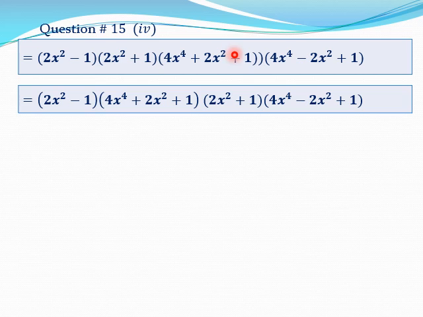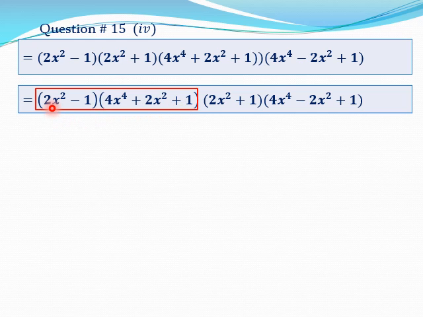A factor like 2x square minus 1 always combines with a factor which has both signs positive. So 2x square minus 1, we combine with 4x^4 plus 2x square plus 1.